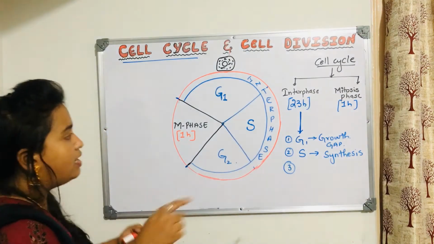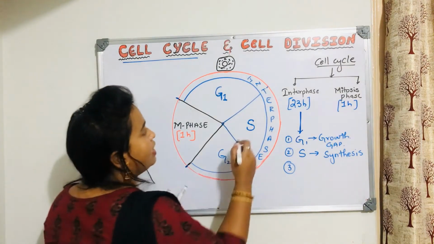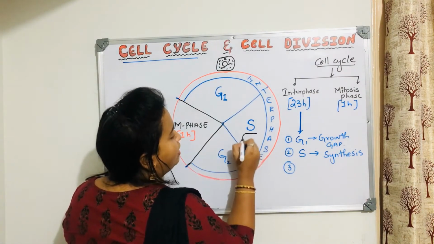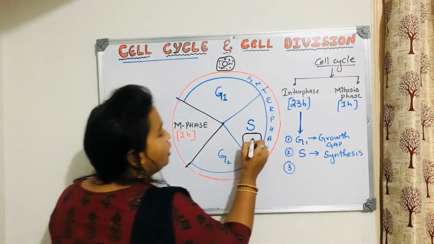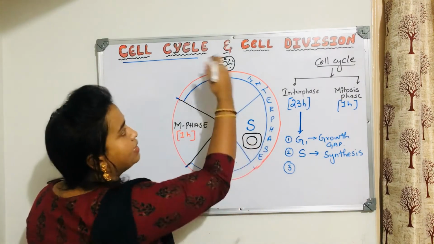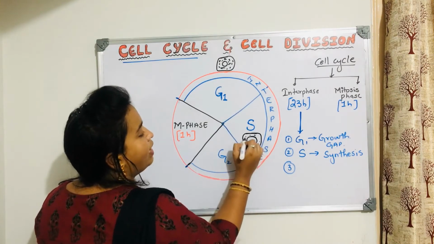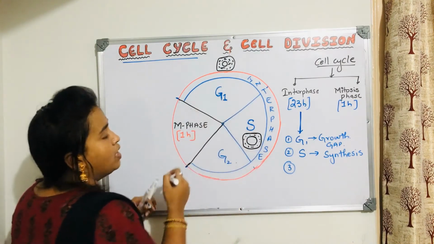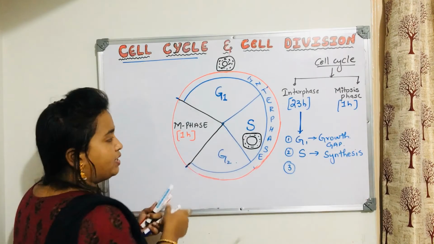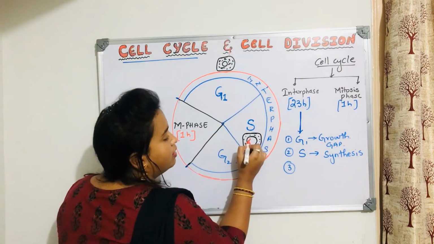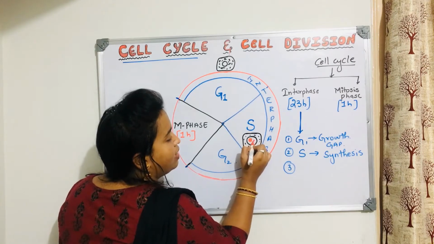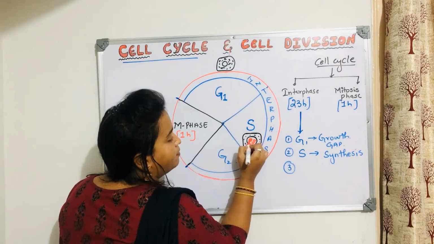So, what is happening here in this S phase? Here I will show it inside only. Now the cell within the nucleus, already the cytoplasmic content has been increased. Where? In the G1 phase. And then what is happening in the S phase is the chromatin, or the DNA, what is present here is producing its own copy.